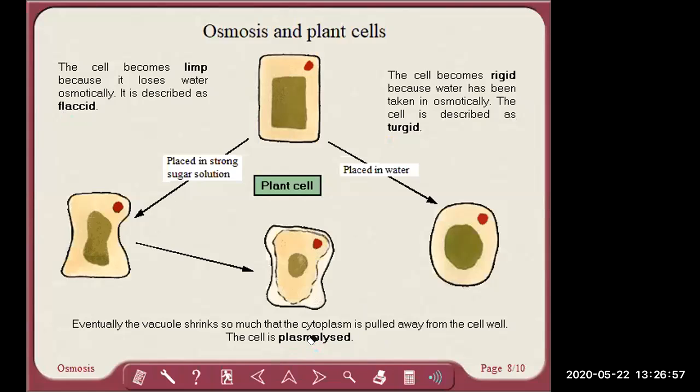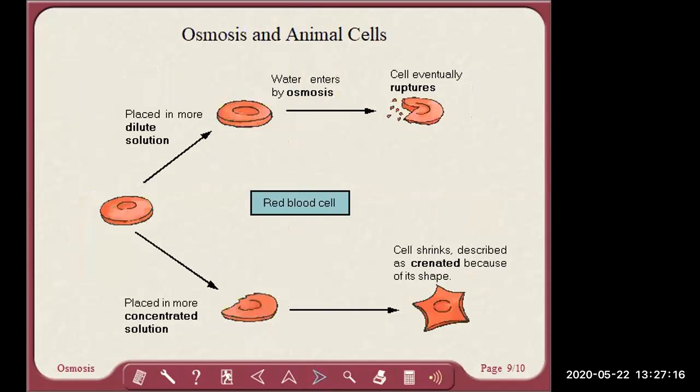So the three terms that you must be familiar with: flaccidity, turgidity, and plasmolyzed. A flaccid cell is when the cell loses water. Turgidity is the result of the cell gaining water. Look at animal cell now.